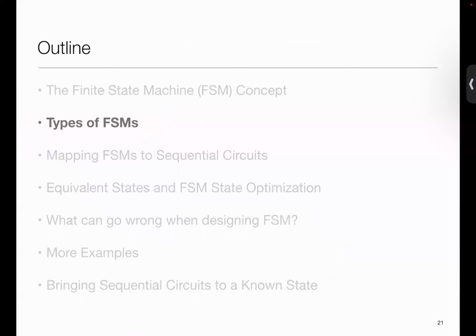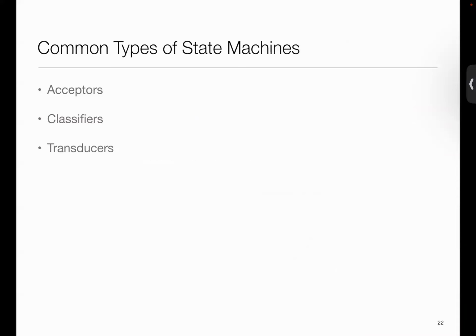Now let's talk about types of FSMs. By type, I don't mean Mealy and Moore. I'm not talking about Mealy and Moore sequential systems. I'm talking about what kind of FSM functionalities exist. This comes from the way computer science theory organizes state machines.